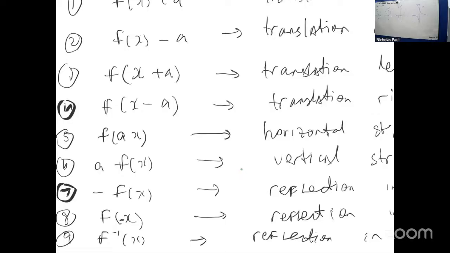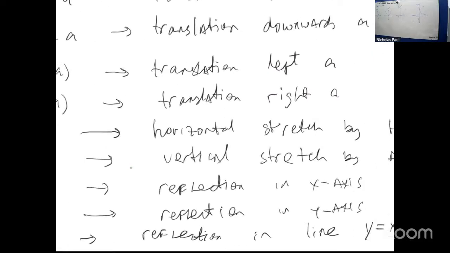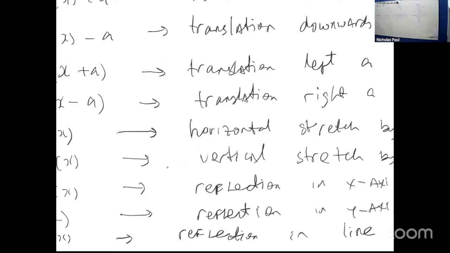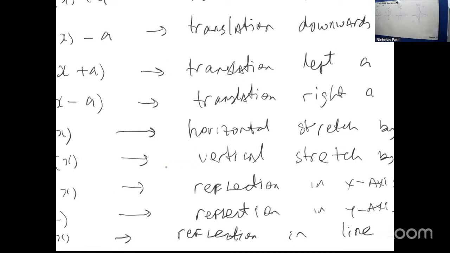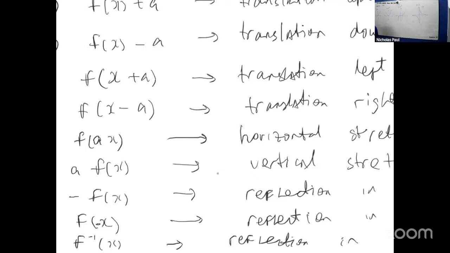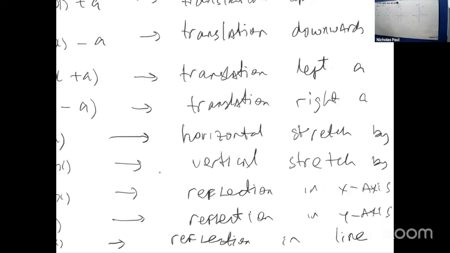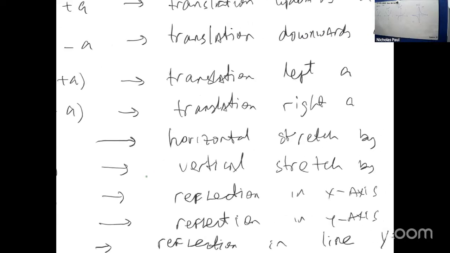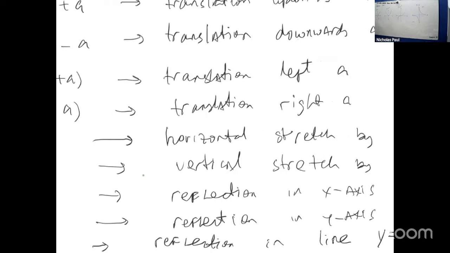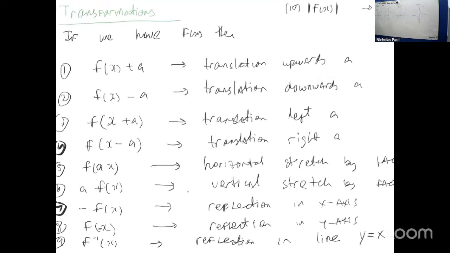Ready? Number 3 is a shift to the left. Number 4, shift to the right. Number 3, shift to the left by e. Number 4, shift to the right by e. Right, so we did all these already, right?